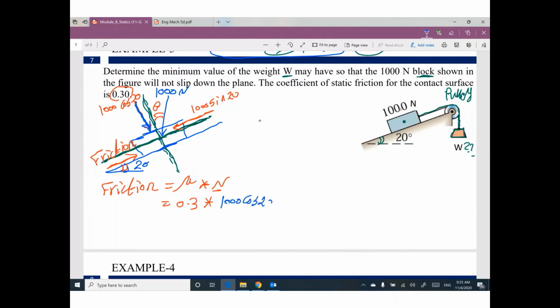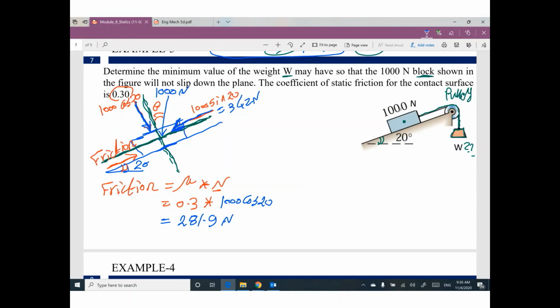So the friction force will be 281.9 Newton. The applied force trying to push this block down is 1000 sine 20, equal 342 Newton. Do you expect sliding?